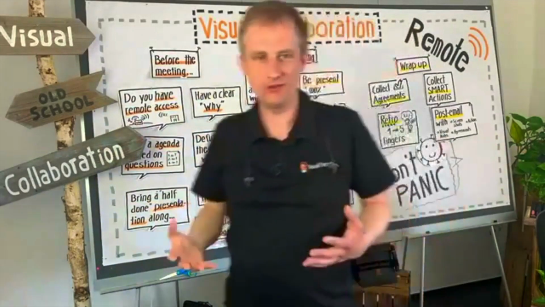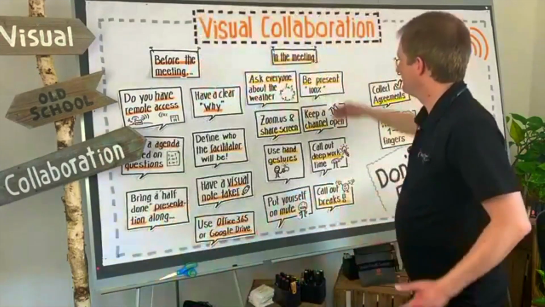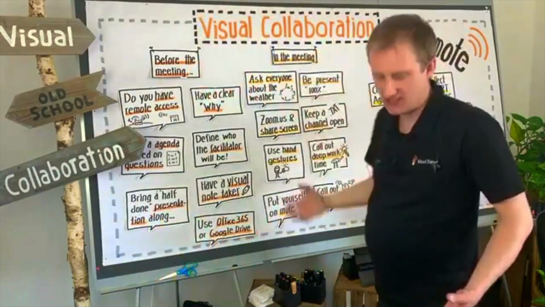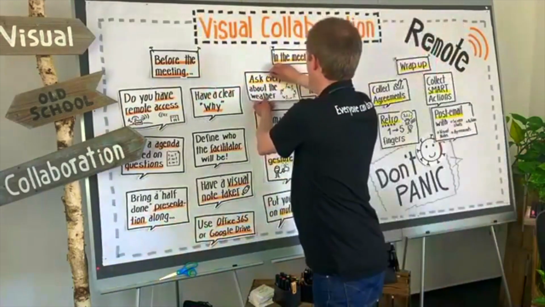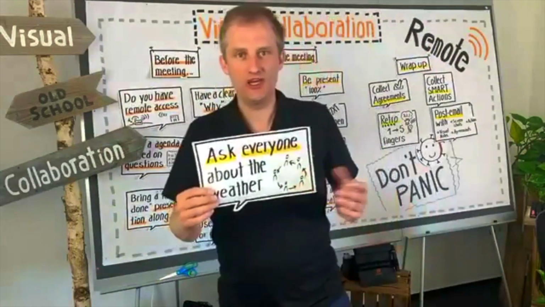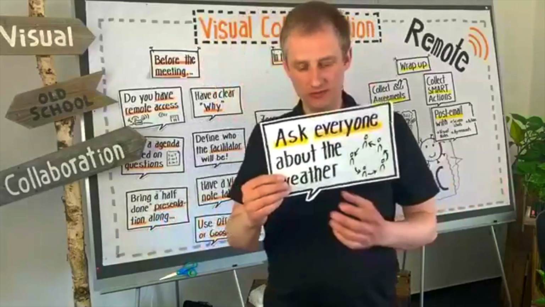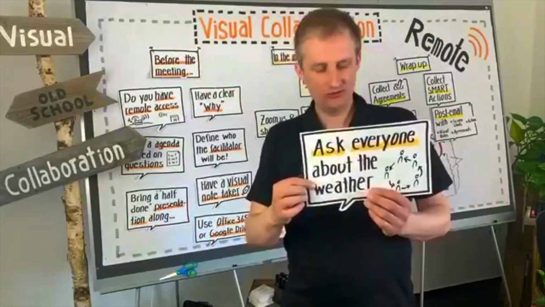So when we have prepared for a workshop, when we have prepared for a meeting, it's also an important point that we check in with everyone and ask for the weather. Ask for weather is of course an example, but if we have our weekly stand-up, so at Visual Friends we have on Sunday a weekly stand-up. I really like that. Right now we don't do that, so we should redo it.